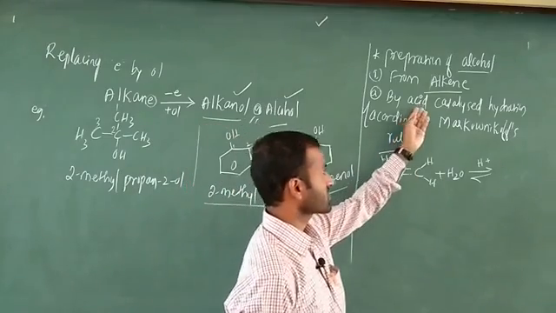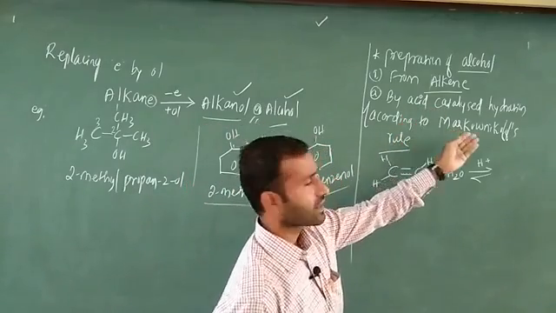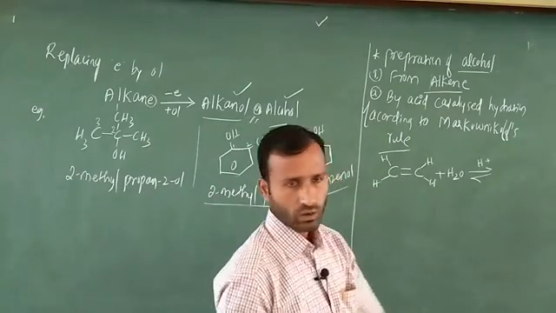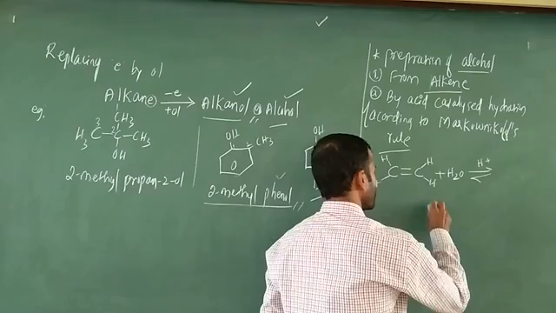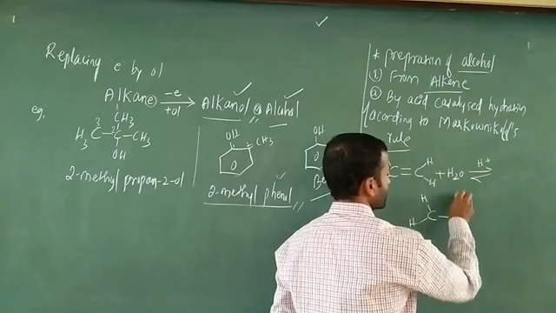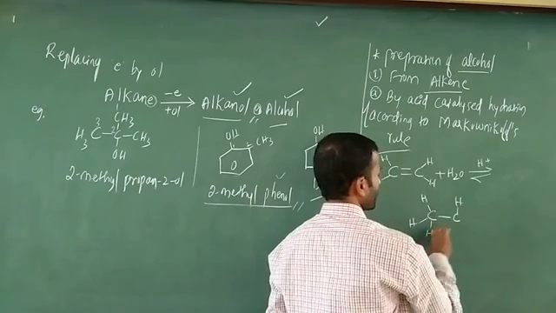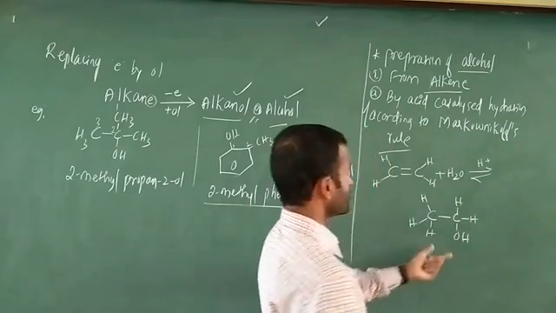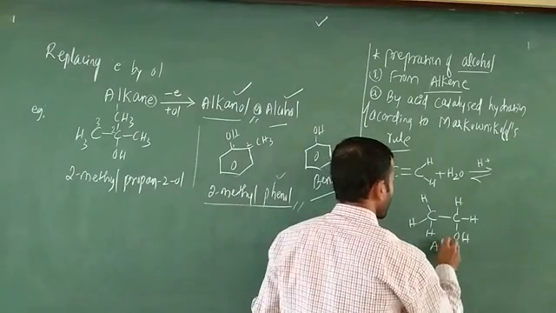H plus means acid catalyzed. Acid catalyzed means H plus. And this alkene is converted into alcohol. Here I am going to write H. Next, on this carbon I am going to write one more H, and here OH. Next this H, this is alcohol, general name I am writing.